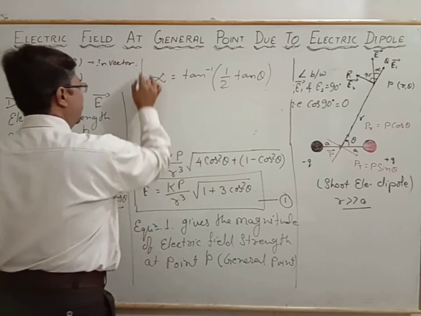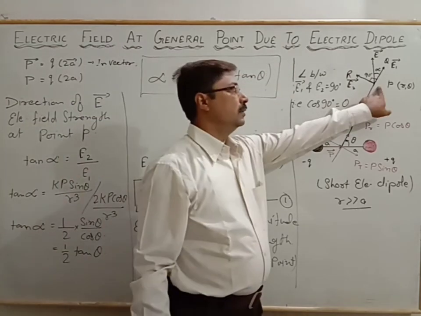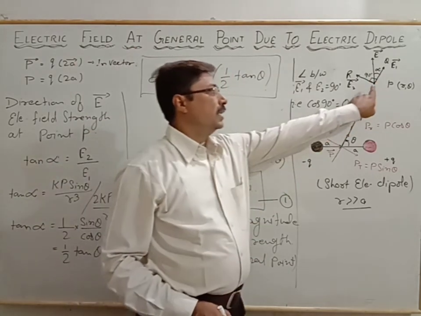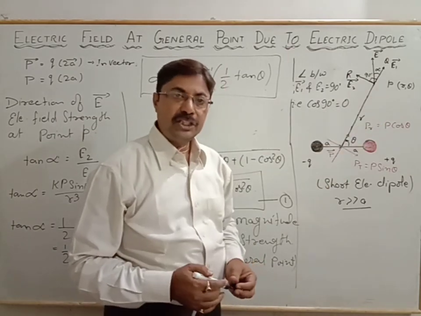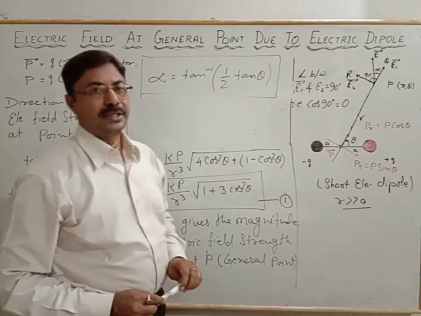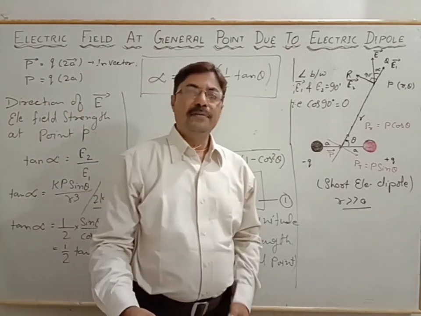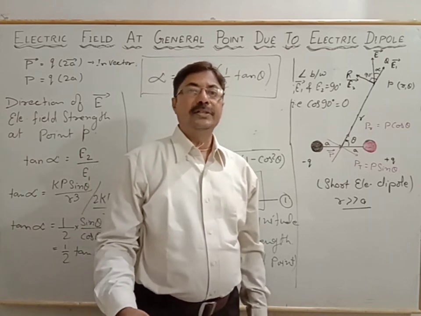So this gives the direction of the field strength at point P. So we have calculated the electric field at the general point, with its magnitude and direction. In the next class, we will see the motion of a charge in a uniform electric field.